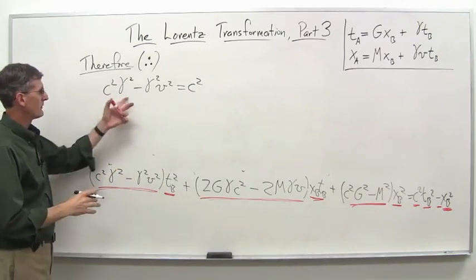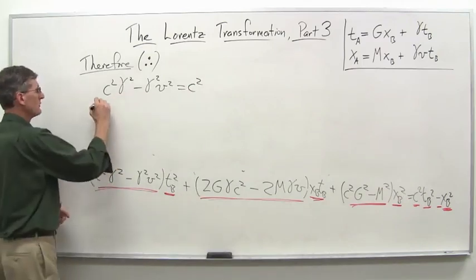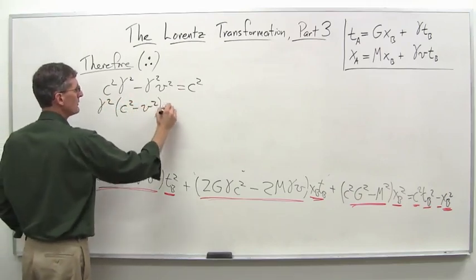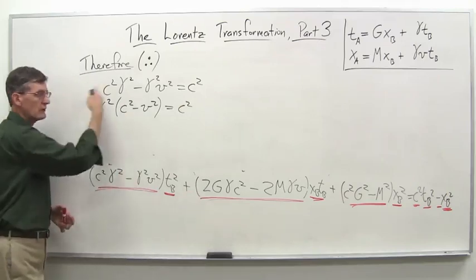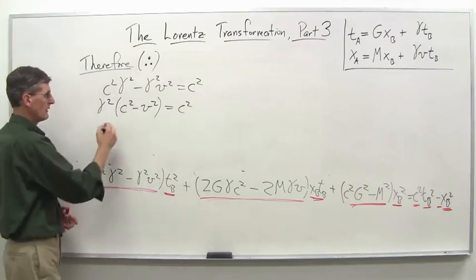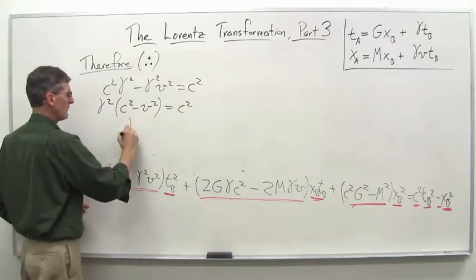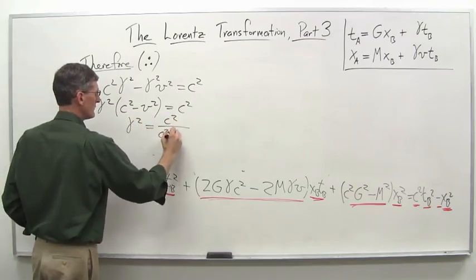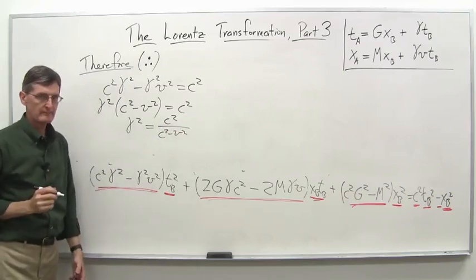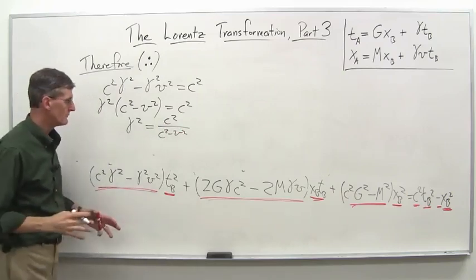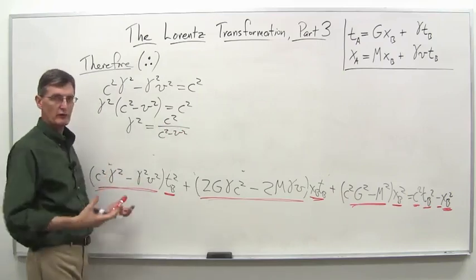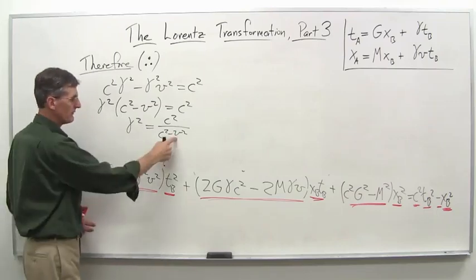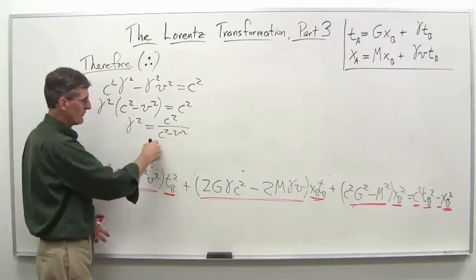Well, on this side we have a gamma squared in both terms, so we can do gamma squared times c squared minus v squared equals c squared. So I just pull out the gamma squareds there, and then divide both sides by c squared minus v squared. So I get c squared over c squared minus v squared. It should be looking a little familiar to you now. Take the square root of both sides. Everything is positive, so we don't have to worry about it. V is less than c, so this is positive down there.